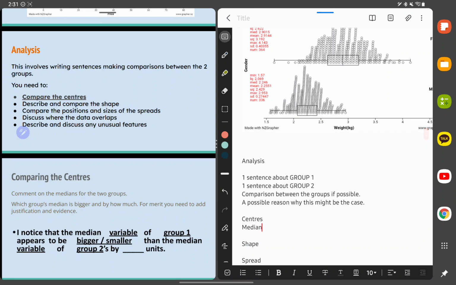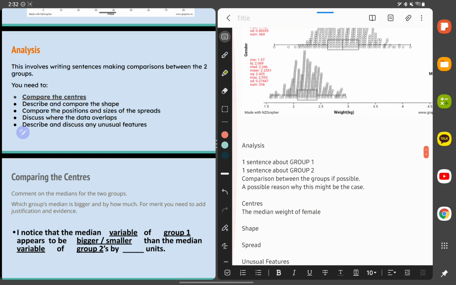So I said, we're going to have one sentence about group 1. So I'm going to say the median weight of the sample of female kiwi birds.